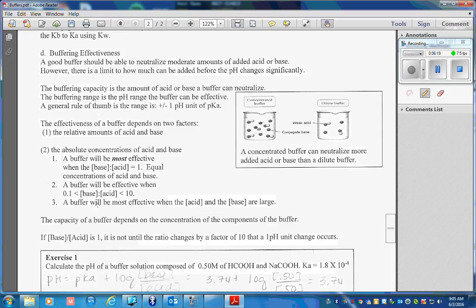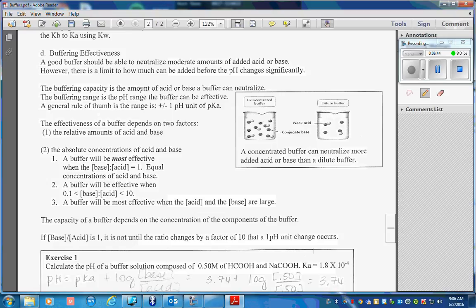And a buffer will be most effective when the concentration of the weak acid and conjugate base, or the weak base and conjugate acid, are very large compared to the strong acid or strong base that we're protecting against. A buffer system can be overwhelmed by too much strong acid or strong base.